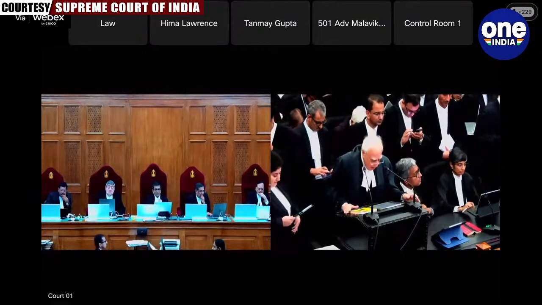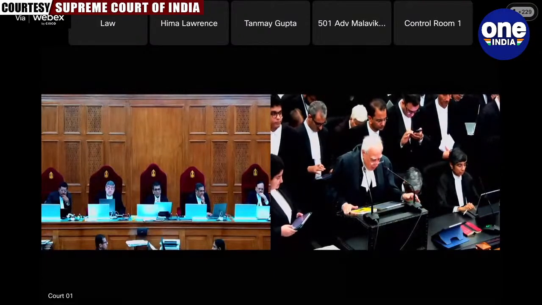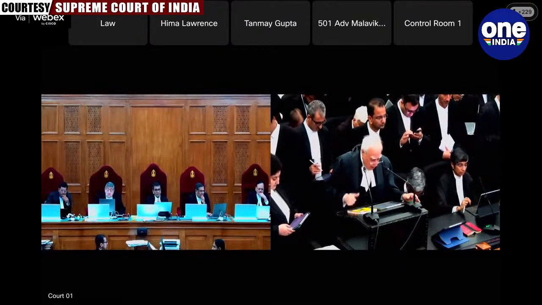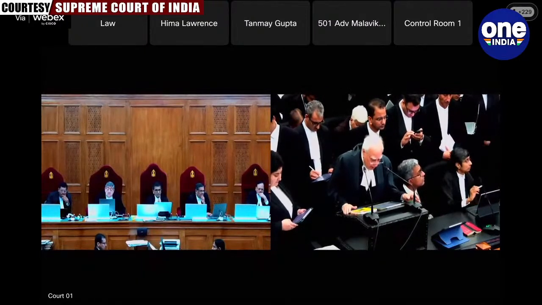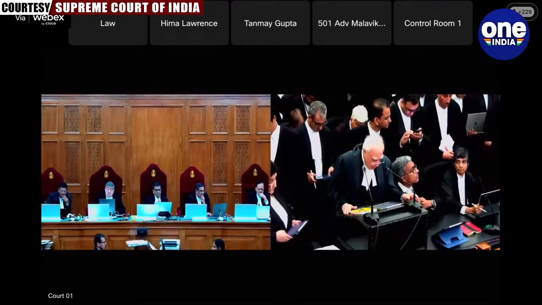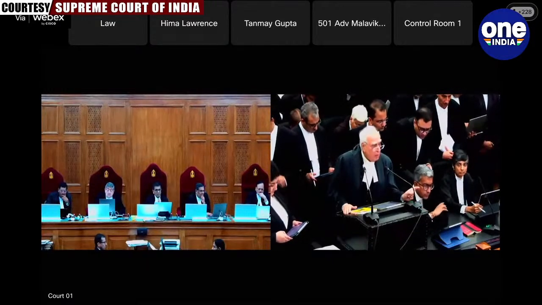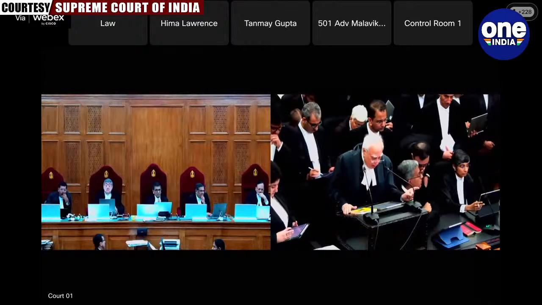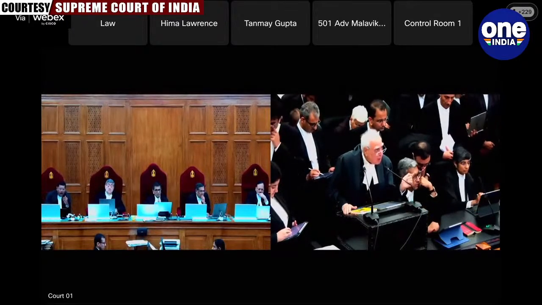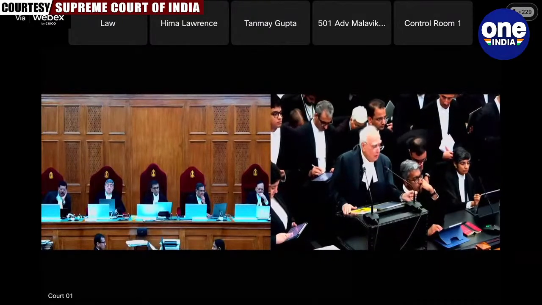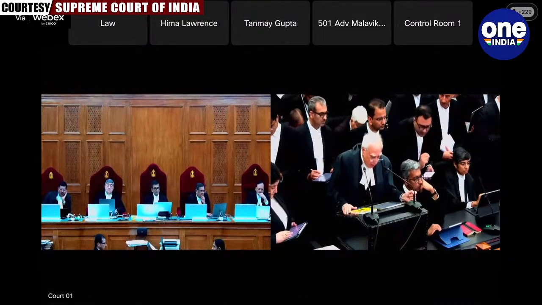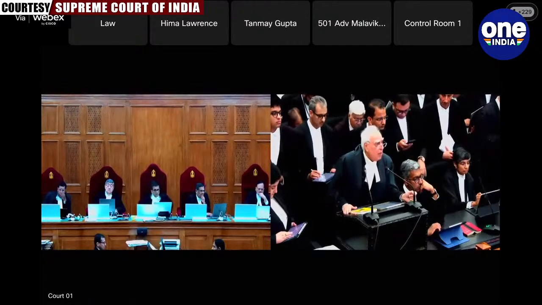PDF 28. Council of ministers to aid and advise the governor. There shall be a council of ministers with the chief minister at the head to aid and advise the governor in the exercise of his functions. All functions of the governor, except those under sections 36, 38, and 92, shall be exercised by him only on the advice of the council of ministers.